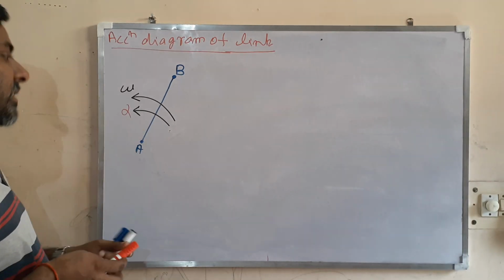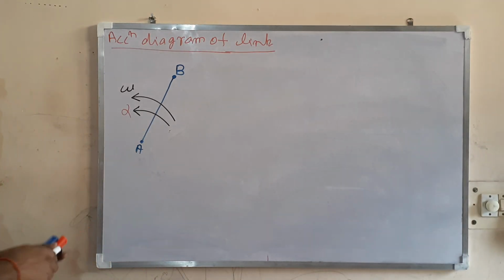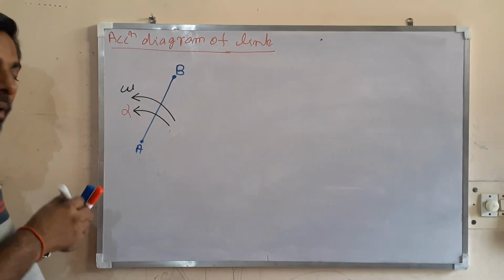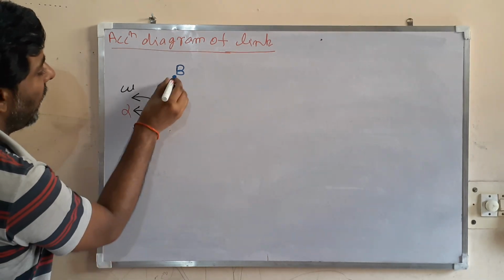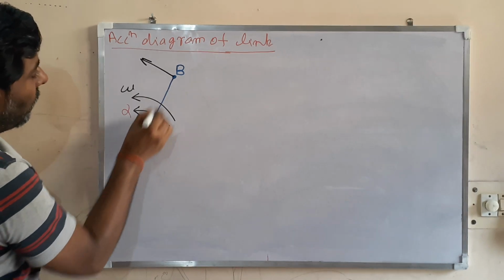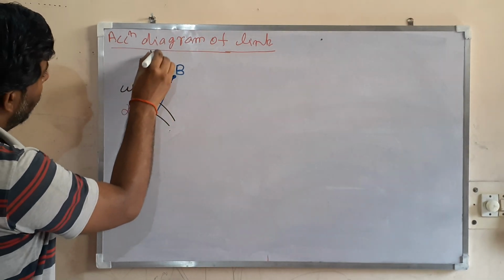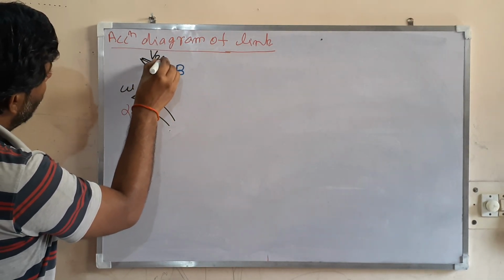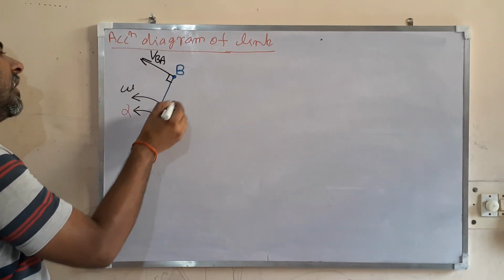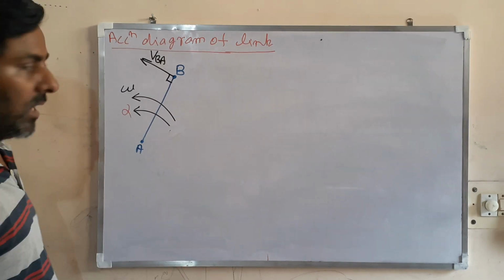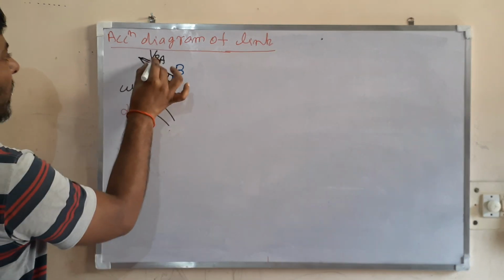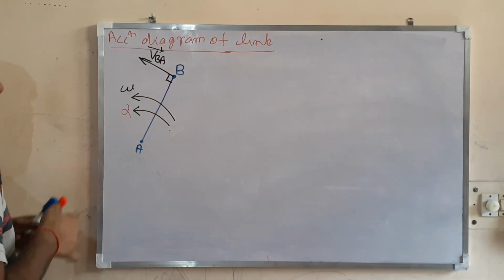That is, omega is changing with time. Let's see, when you sit at A and look at B, you will see that the velocity of point B with respect to A will be perpendicular to AB and in the direction of rotation. So this is the velocity of point B with respect to A in magnitude and direction.